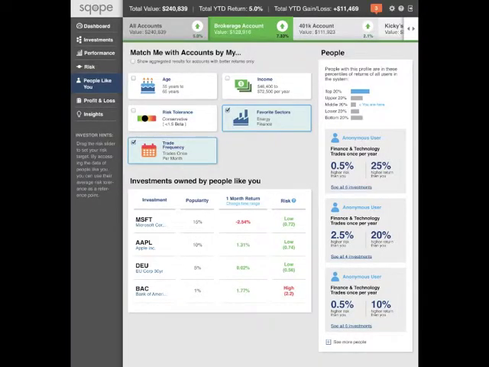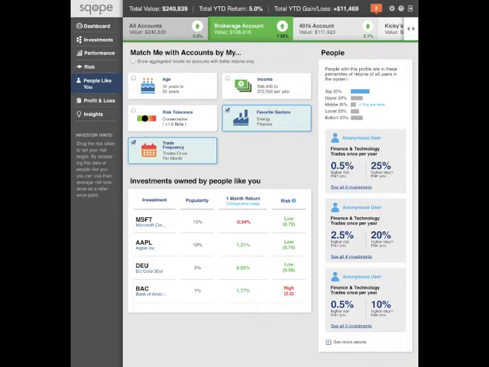The people like you page is sqope's social analytics. I've mentioned some of the feedback and one of the drivers specific to the next gen of self-directed investors and the social investing that they're concerned with. This allows the investor to really benchmark themselves, more than just against a standard benchmark like the S&P 500, for example.